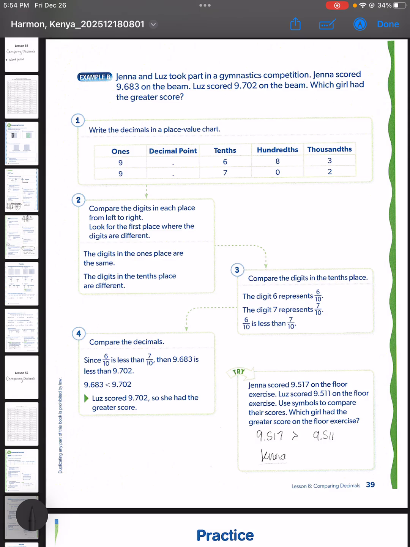In example B, the question is framed a little bit differently. So we're told that Jenna and Luke are in a competition. We're giving Jenna's score, and we're giving Luke's score, and we need to know who has the greater score. Same process. I write out the decimals.